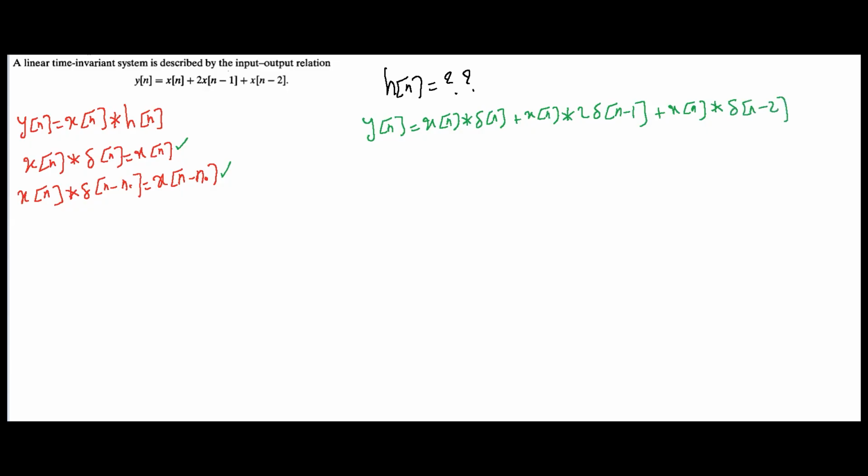Now we factor out x[n] from every term. The remaining expression is delta[n] plus 2 delta[n-1] plus delta[n-2].